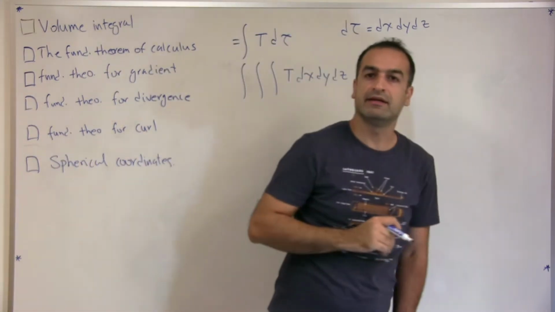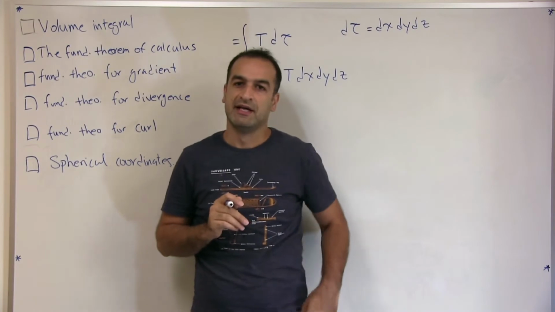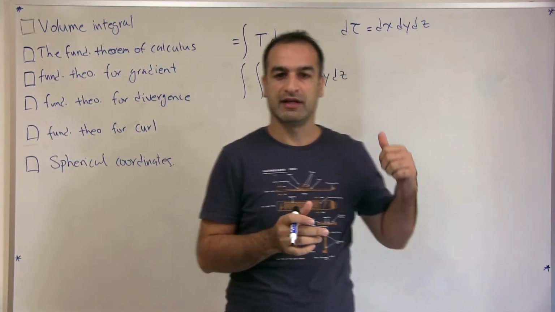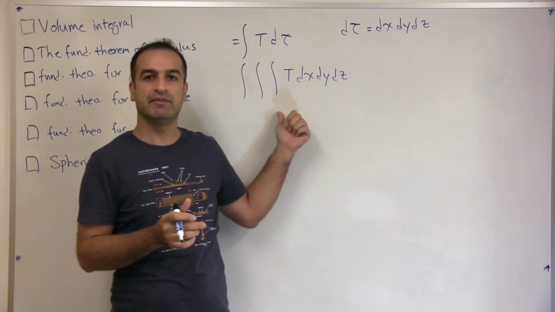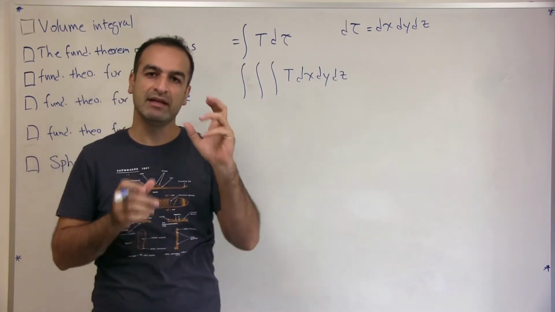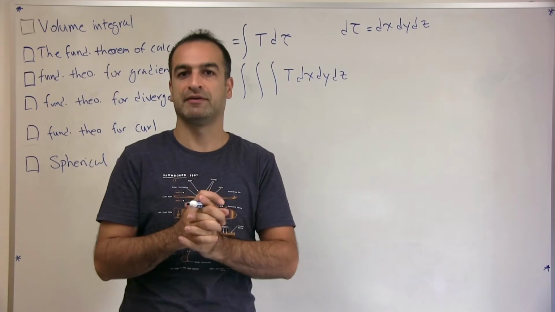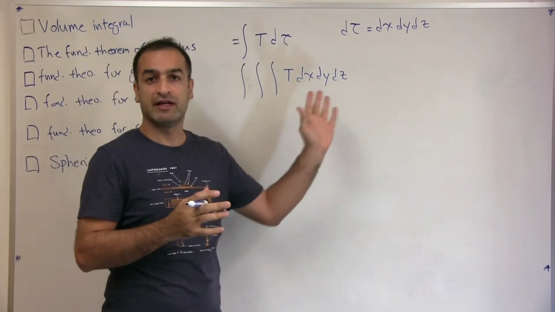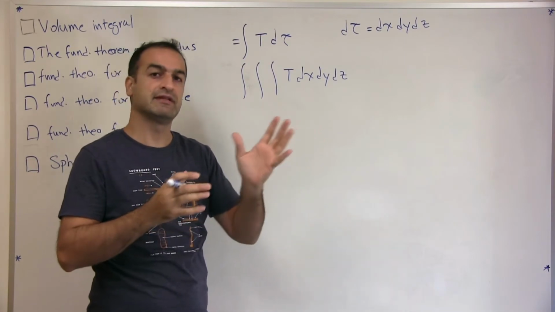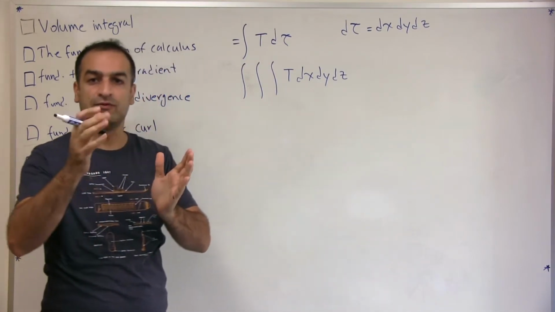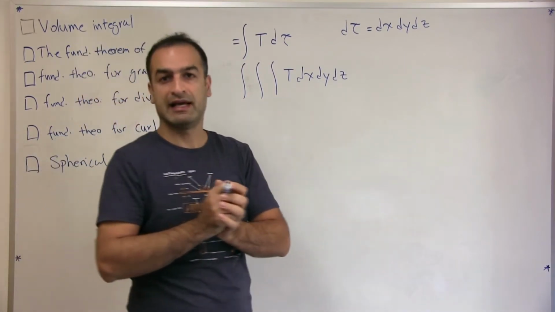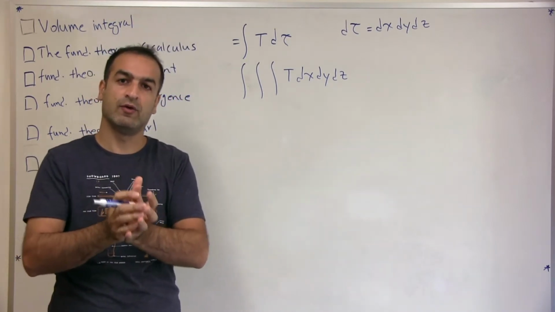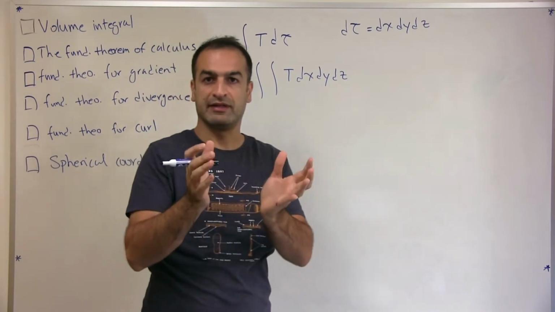Another discussion we had was what defines the shape. If you have an integral like this, what defines the shape is the limits that you put on the integral. A very simple case: if for x, y, z we say the limits are between 0 and 1, then we are technically defining this integral being carried over a cube with length of 1.